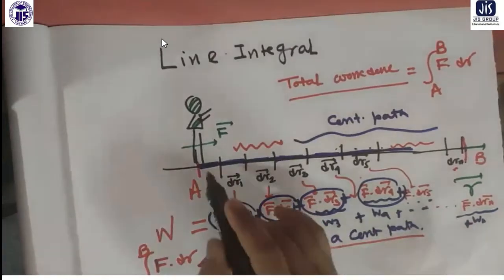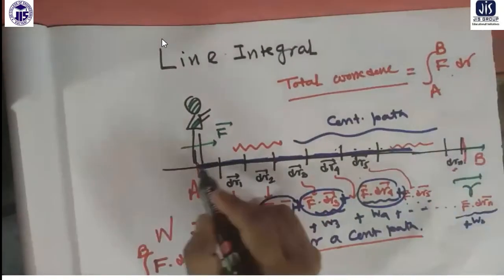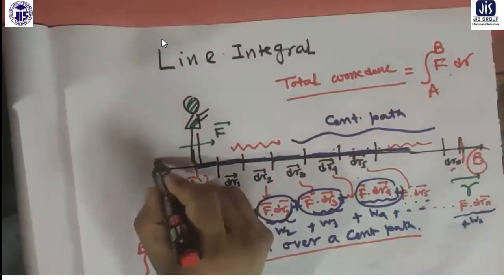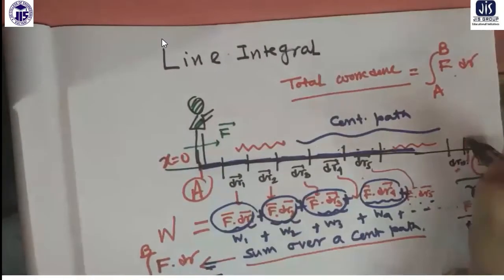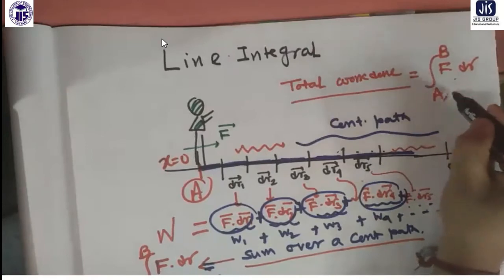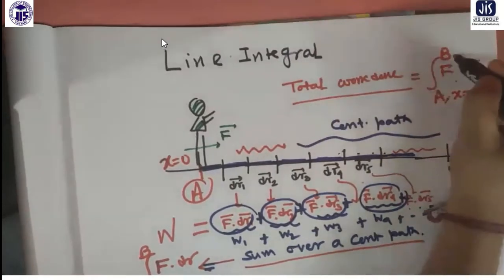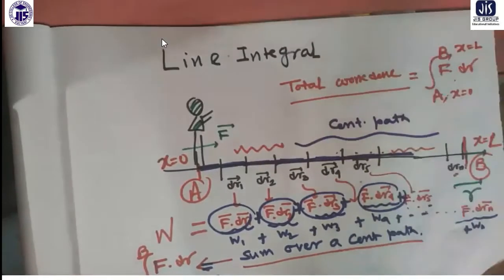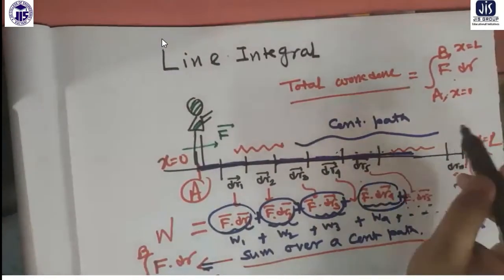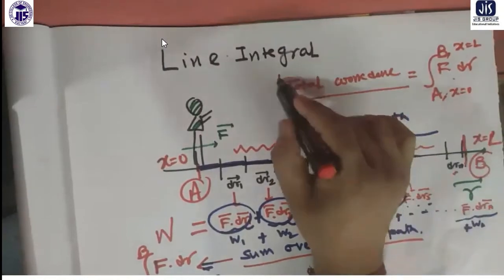As you are moving from A to B, suppose this is x equal to 0, and suppose this is x equal to L. So A means x equal to 0, and the person reaches x equal to L.